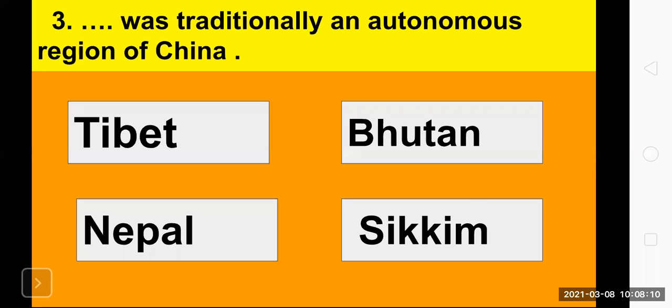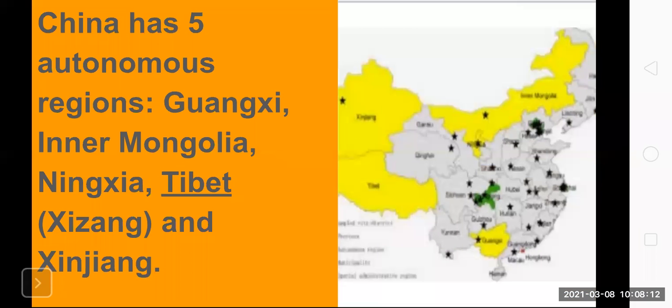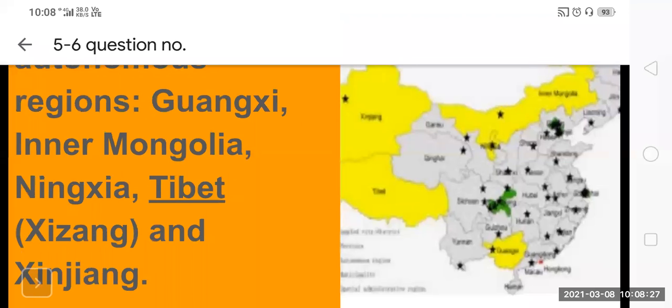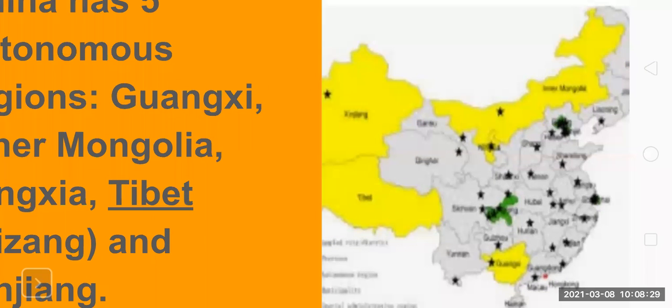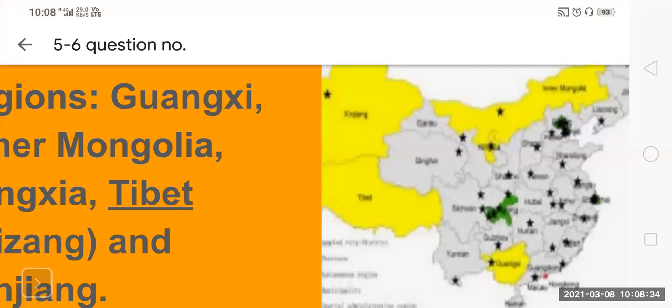The correct answer: China has 5 autonomous regions, that is Guangxi, Inner Mongolia, Ningxia, Tibet, and Xinjiang. You can see in this map also the yellow part. So the correct answer is Tibet, traditionally an autonomous region of China.